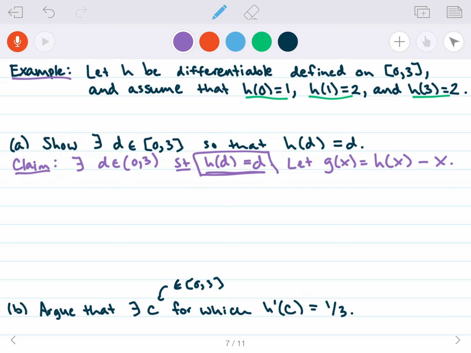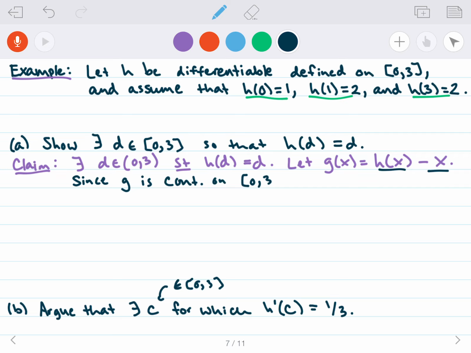Okay, so here's the idea. We know that g of x is the difference of two functions which are differentiable on [0, 3], hence continuous on [0, 3]. And since g is continuous on [0, 3], we can apply the intermediate value property.